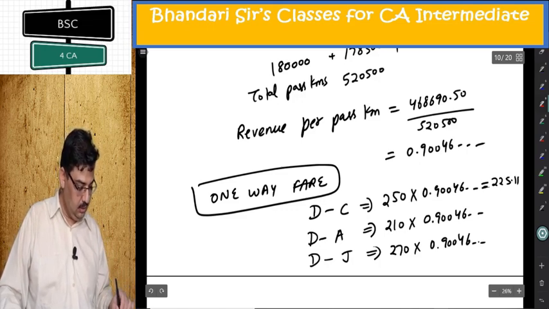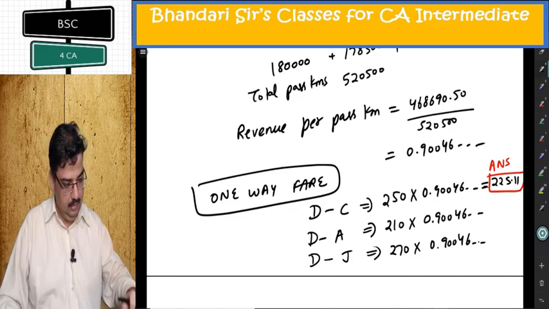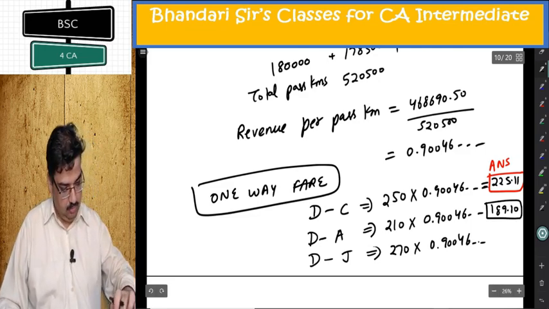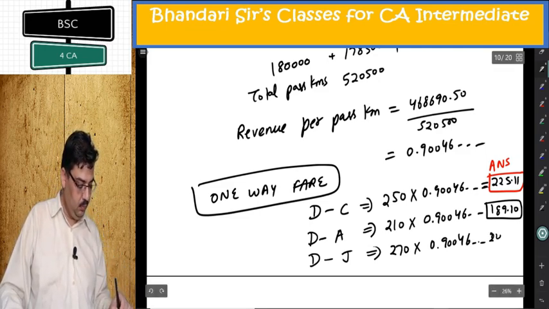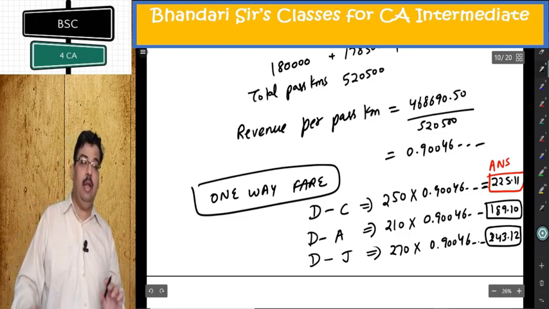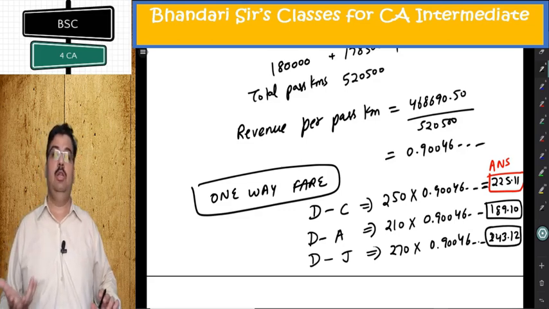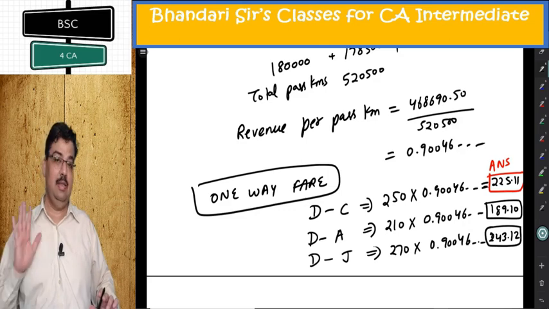Those are the answers I am getting. Second one with 210 comes to 189.10 approximately, and the third one with 270 comes to 243.12. The institute might give you answers based on some approximation. I don't accept the approximations. I feel these are the perfect answers to write in the exam.